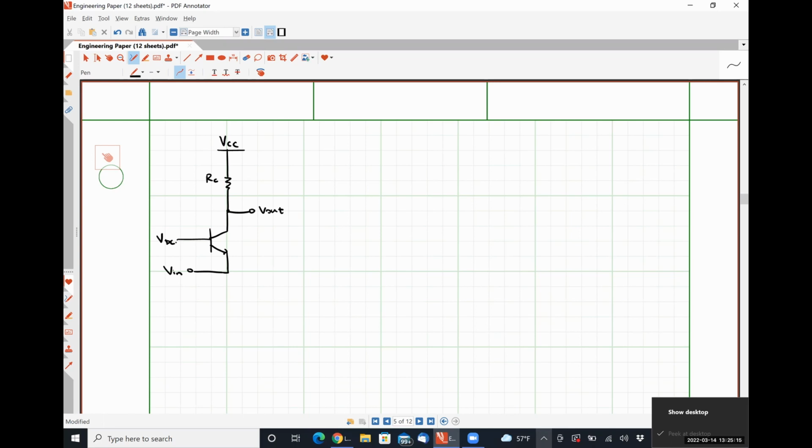So our small signal model for this circuit should look something like this. Since our base is tied to a DC voltage, it is at AC ground. Here we have our resistance r pi over which a voltage drop VBE occurs. Here is our emitter terminal. There is an input voltage being applied here. So here is Vin.